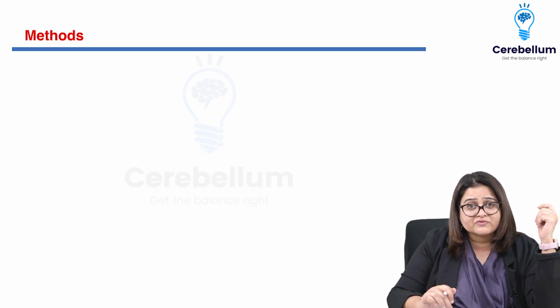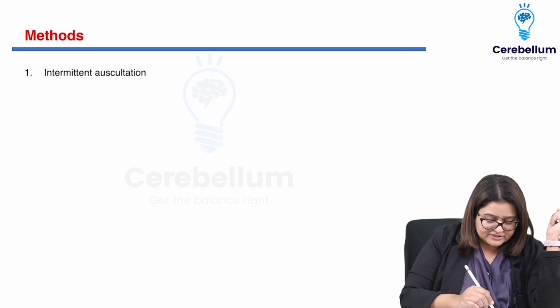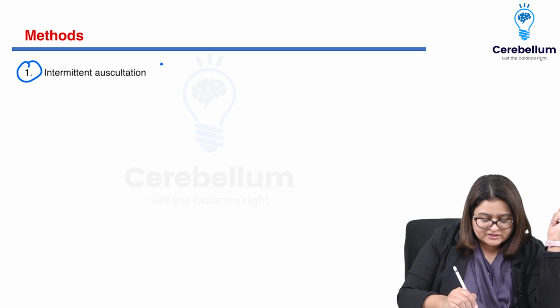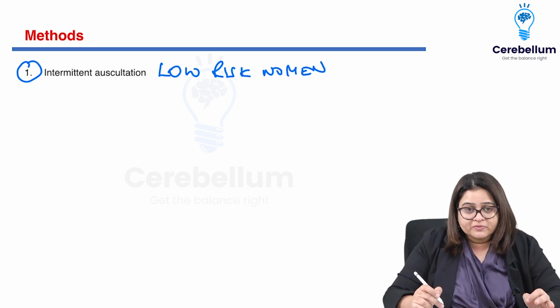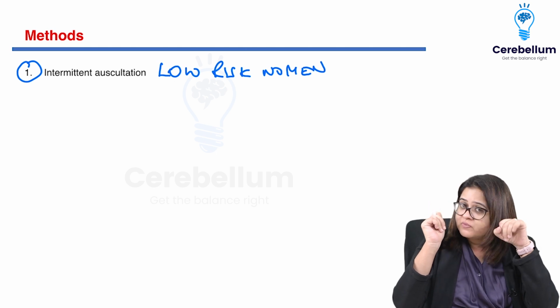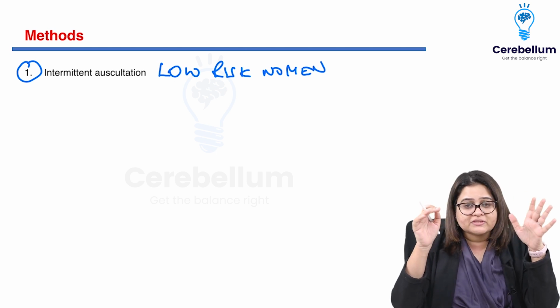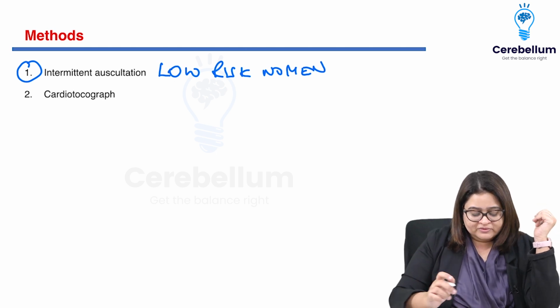Now, what are the methods of intrapartum fetal surveillance? We can have intermittent auscultation, and this is what is usually done in low risk women. That means using the stethoscope or the fetoscope, we auscultate the fetal heart rate, and we will discuss a bit more about this.